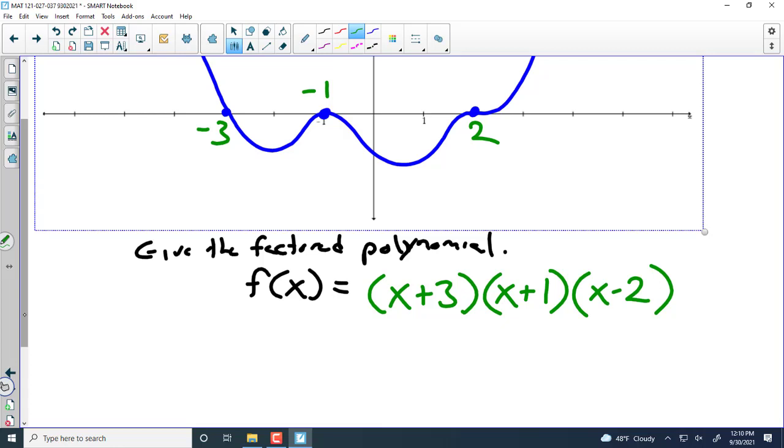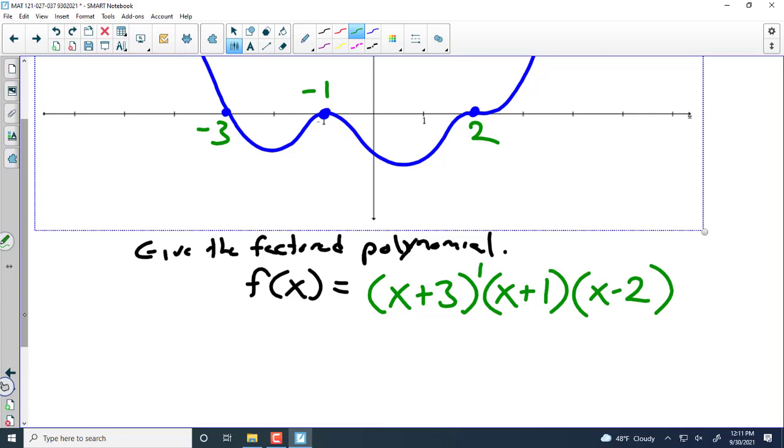Turning the zeros into factors, is that a good place to begin? Yeah, but based on what you see happening at those zeros, based on the behavior, the multiplicity, we might need to put some powers in there. Does everyone agree with that? So just so we have it in our notes here, I'm going to write a 1 here. Even though you don't need to write a 1, I'm going to write a 1 there just to remind myself that we're doing a cross right there.